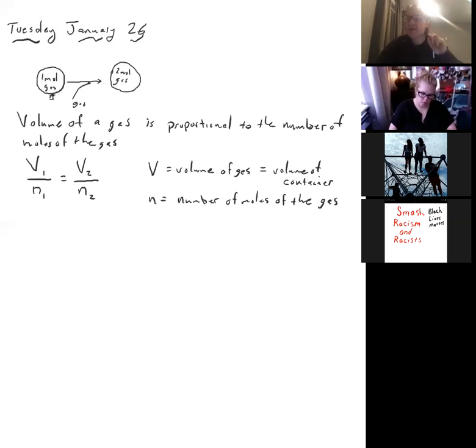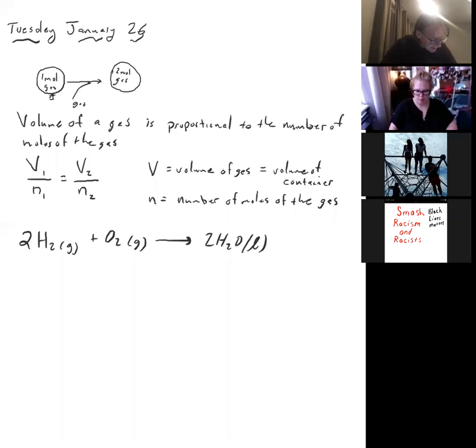Okay. Now, what's observed when we look at gaseous reactions is if you take an equation, I'm going to take this one right here, 2H2 plus O2. Let's make the reactants gases, and I'll make the product a liquid. So there's your balanced equation. We can interpret this equation in the following way.